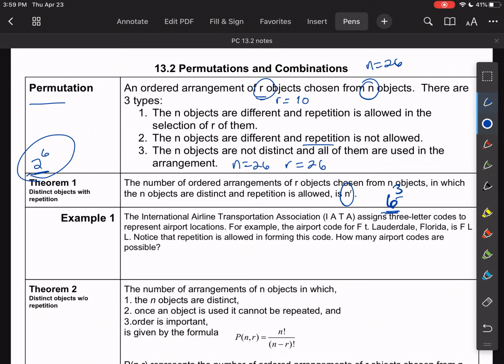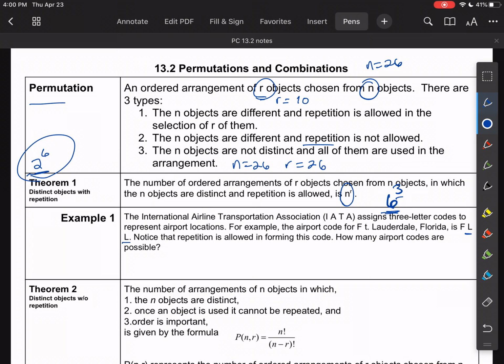Example 1 says the International Airline Transportation Association assigns 3-letter codes to represent airport locations. For example, the airport code for Fort Lauderdale is FLL. Notice the repetition is allowed. We have an L and an L, so we can repeat things twice for forming this code. How many airport codes are possible?